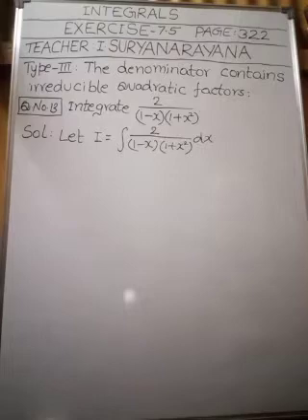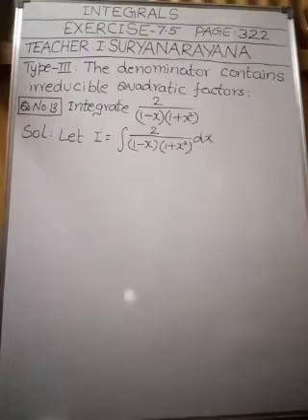There are only three types of sums in these rational functions by using the partial fractions method. I hope you have learnt well and understood those two types of sums.